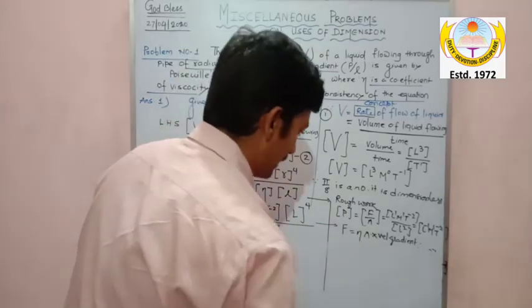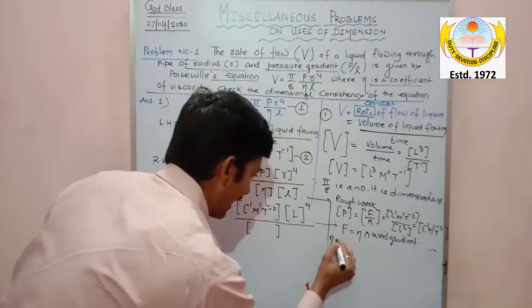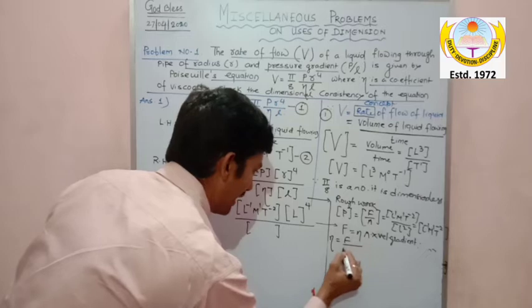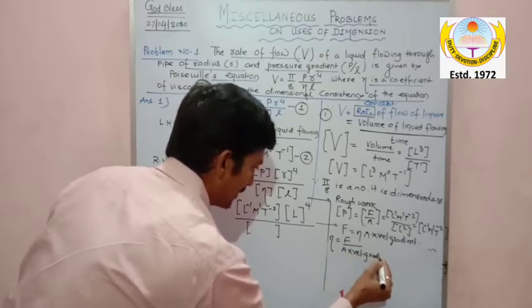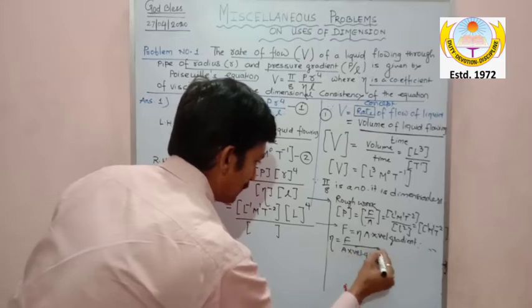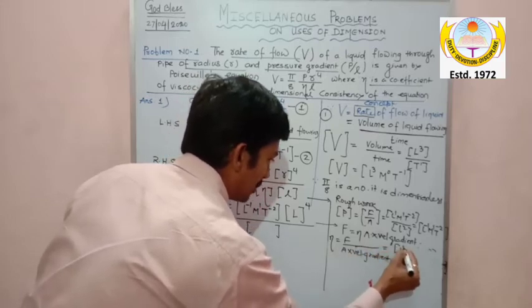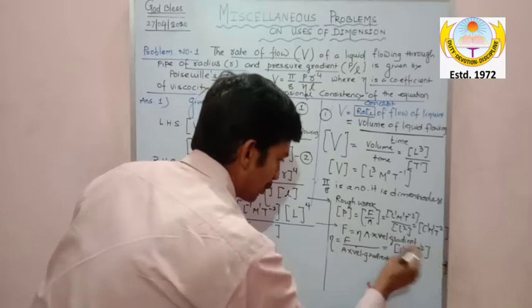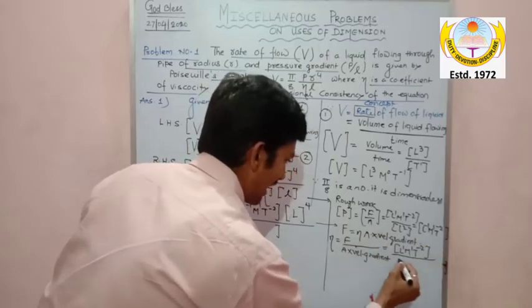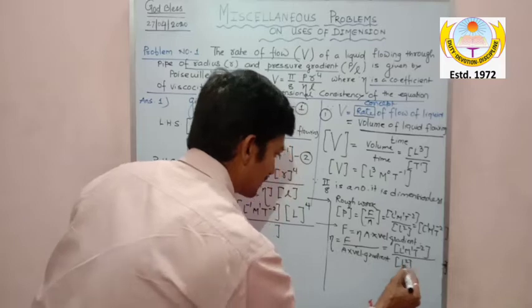So the dimension of eta is F upon area into velocity gradient. Now, the dimension of F is L1, M1, T minus 2. The area dimension is L power 2.